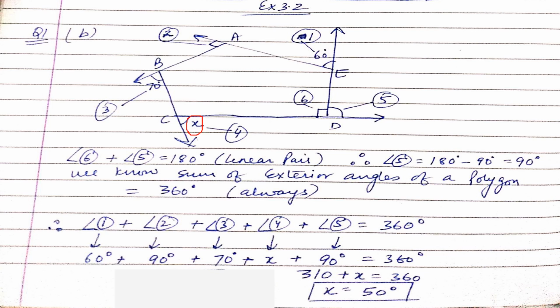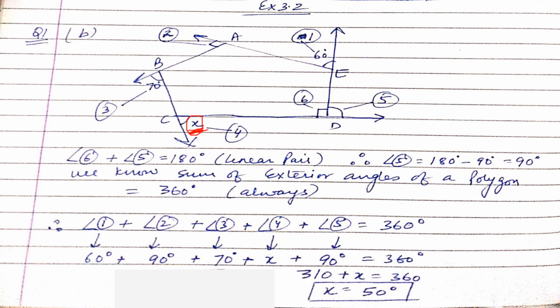If you observe, x is an exterior angle. Okay, so we all know by the property in the previous slide that sum of all exterior angles is how much? It is always 360 degree. Now what we need is, we need all exterior angles, and if we add them, that will be equal to 360. This equation will help us to find the value of variable x.